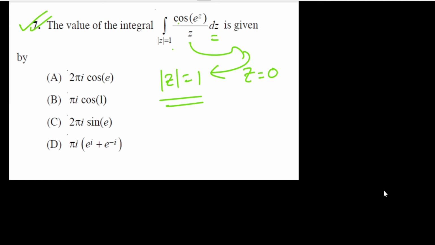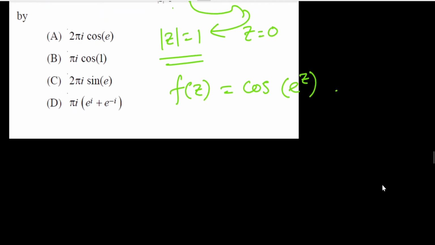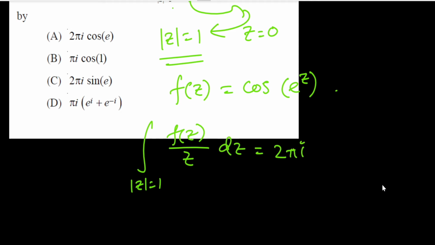Therefore by Cauchy residue theorem, we take f(z) equal to cos of e to the power z here. Therefore by Cauchy theorem, the value of the integration over C, that is mod z equal to 1, of f(z) by z dz equals 2 pi iota times f at the singularity, which is at the point 0.